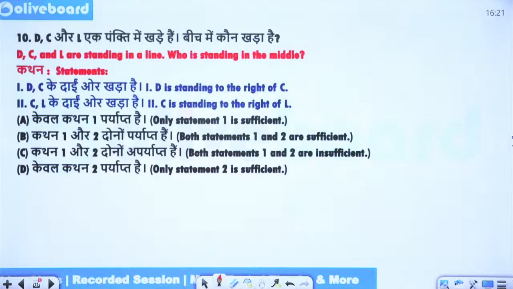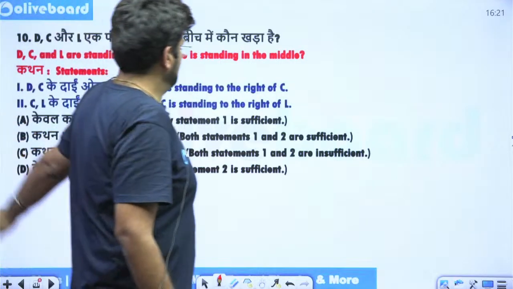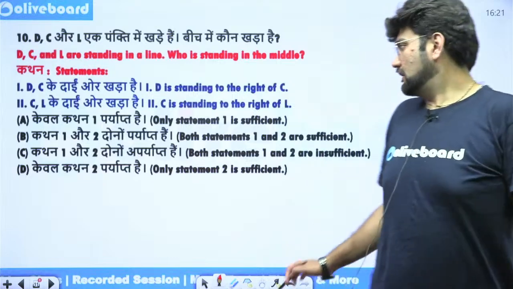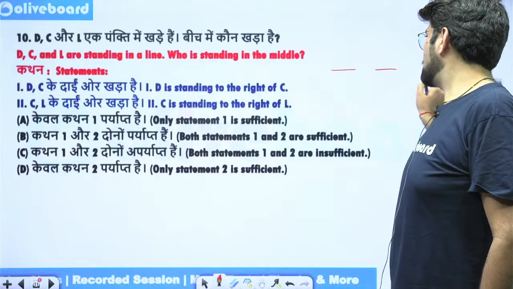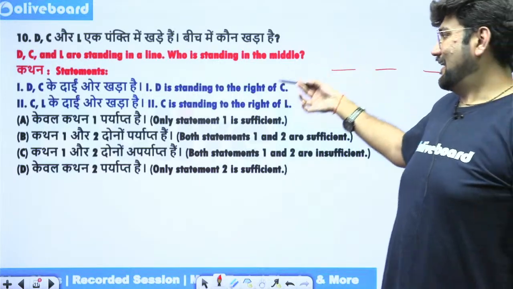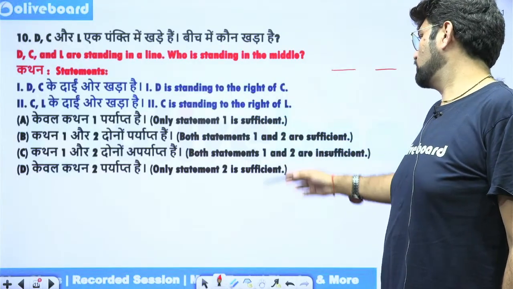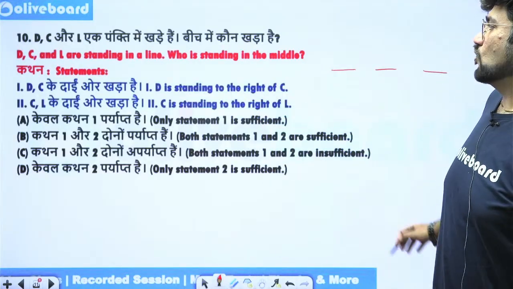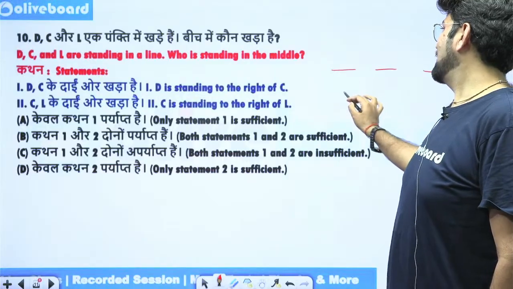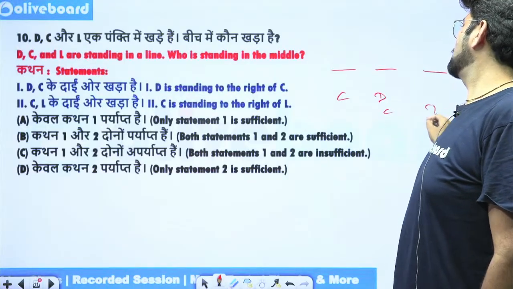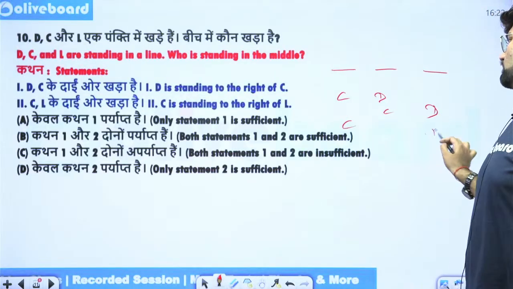D, C and L are standing in a line. Who is standing in the... Is the data sufficient? The options: only statement 1, only statement 2, both 1 and 2. Only 1 says D is standing to the right of C. Or it can be like this also.